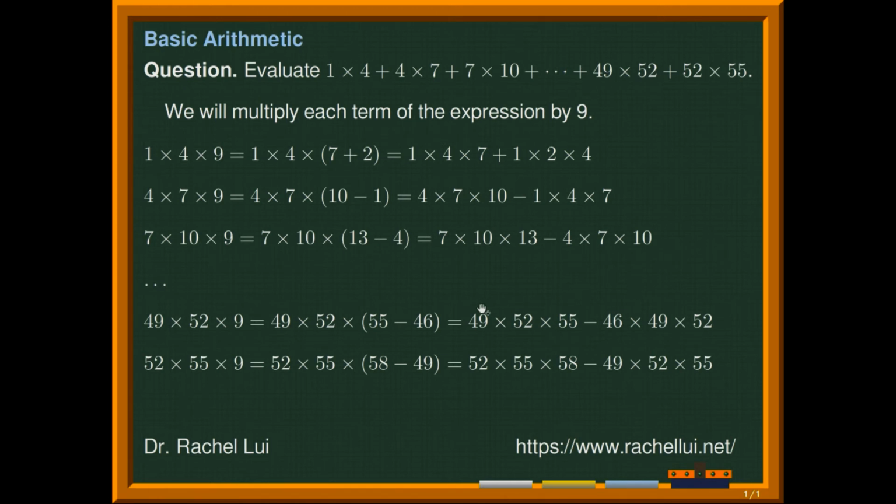So the last term that I cancel is 49 times 52 times 55 minus 49 times 52 times 55. So there are only two terms remaining, 1 times 2 times 4 and 52 times 55 times 58. So I add them up together and divide by 9. And the answer is 18,432.